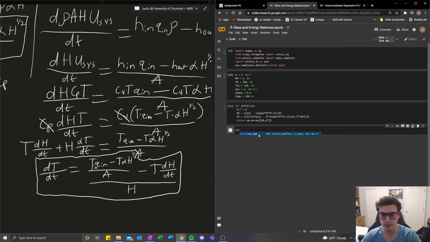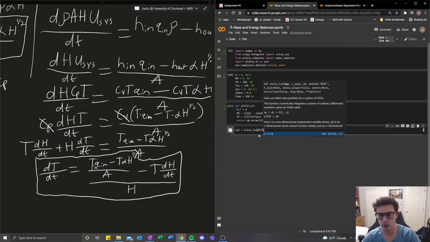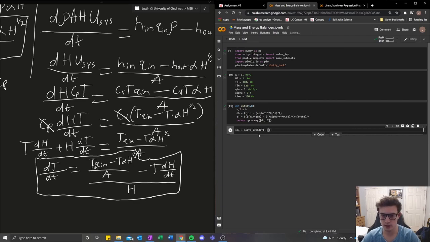So we want to go ahead and solve this differential equation, and we want to use the solve initial value problem function that we imported from SciPy. So we want to use solve_ivp, and we want to do this for our diff1, first differential equation, and we need to do this for the time from 0 to our time variable, 0 out of 100 seconds.